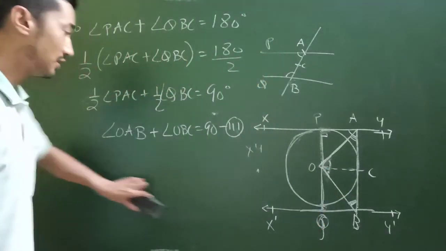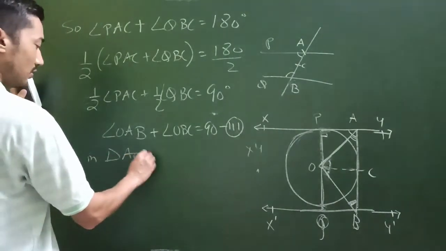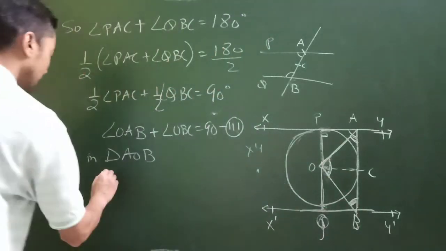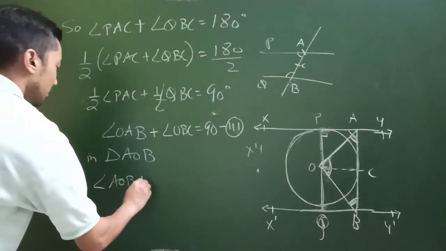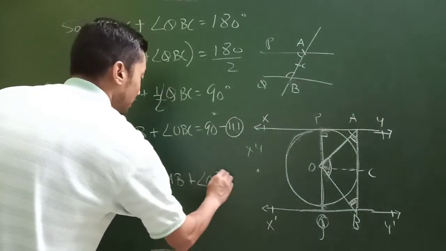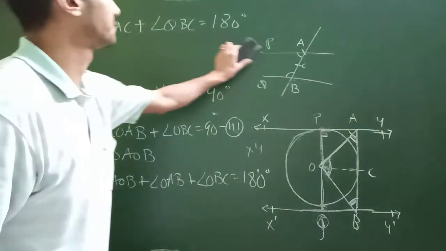So finally, in triangle AOB, coming back to the last point, the angles of this triangle sum to 180 degrees. So angle AOB plus angle OAB plus angle OBA should be how much? 180 degrees.